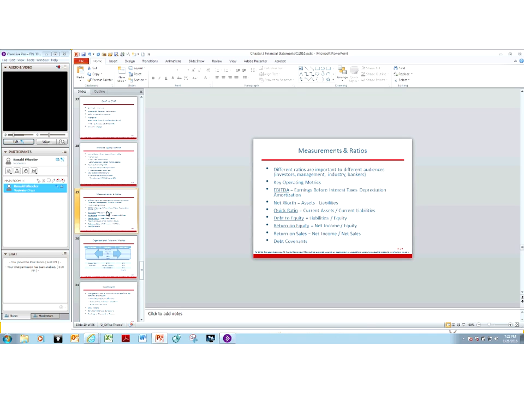Particularly as internal management, you always want to have your key operating metrics. It wouldn't surprise me if day sales outstanding was always on that list. Perhaps cash balance, inventory turns, some of the things we've talked about already. But it's really focusing on what is important for that business to be successful and successfully generating cash.